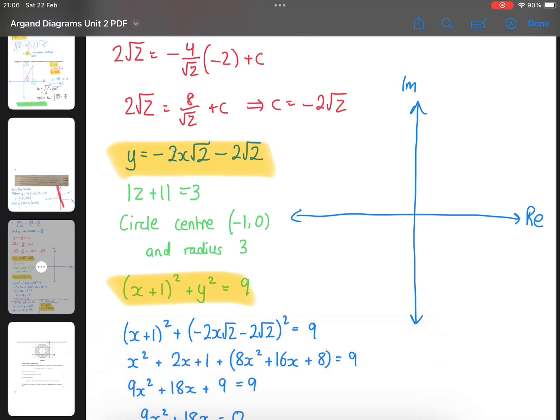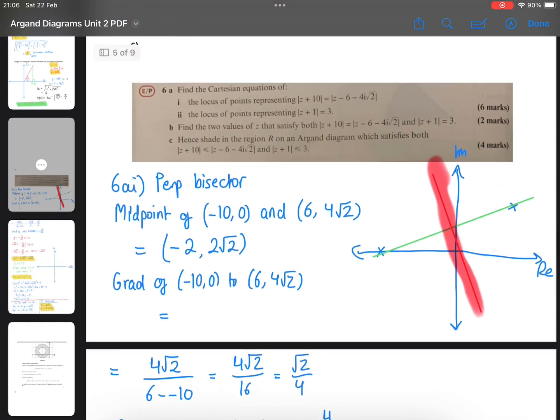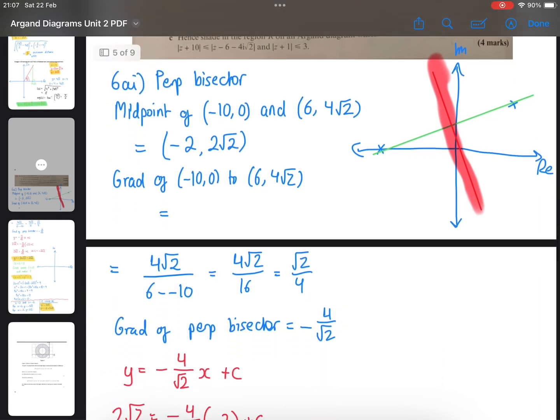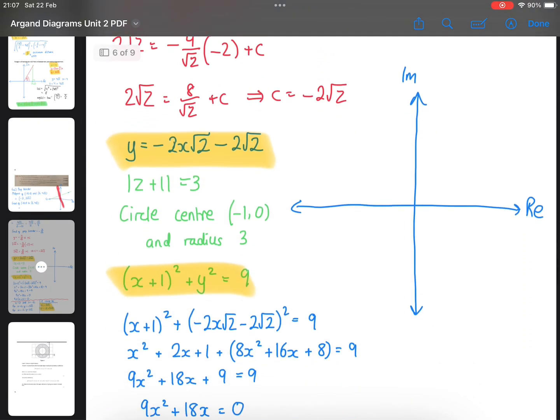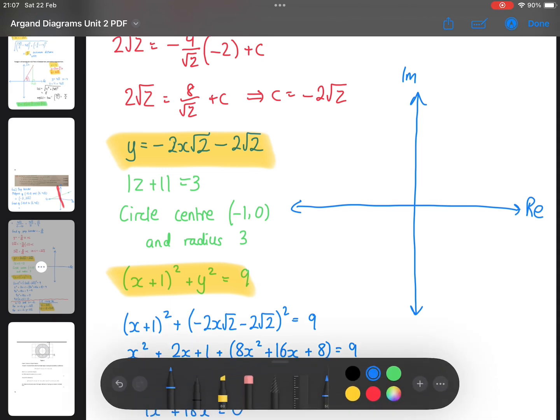And we are looking at, so for the first part of the inequality, the z plus 10 bit, it's similar to the perpendicular bisector, which we found in the first part, apart from one difference, which is the inequality sign. So if we just sketch on that perpendicular bisector, which we said had this equation here, minus 2x root 2 minus 2 root 2, it is going to look like this. I'll sketch with a ruler better.